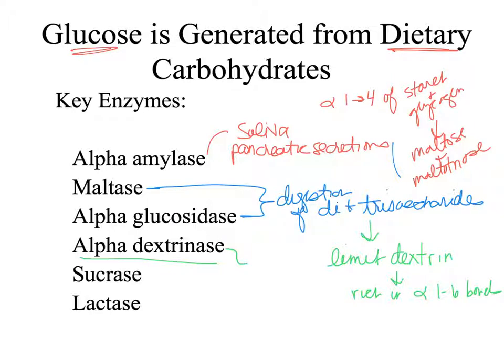So the role of this is to degrade the limit dextrin. Aside from that, we do have sucrase, which is going to hydrolyze sucrose.